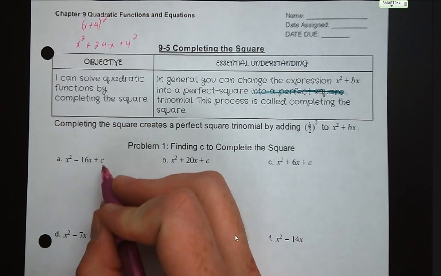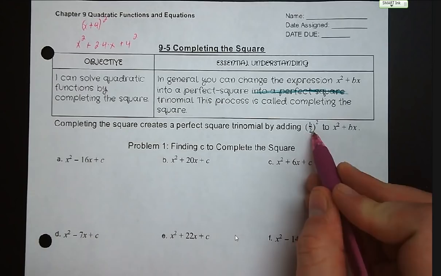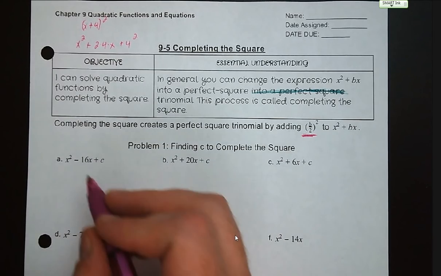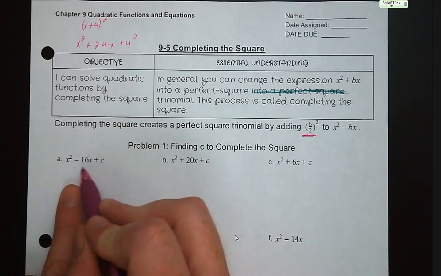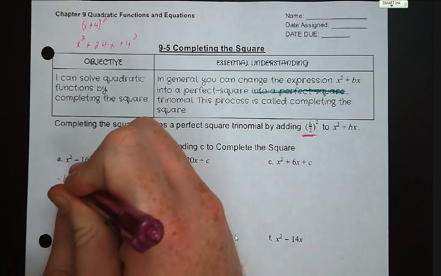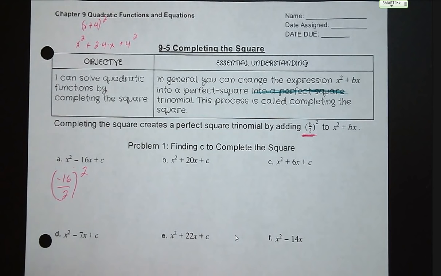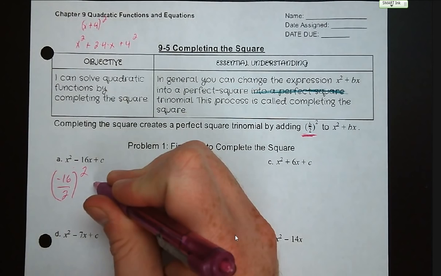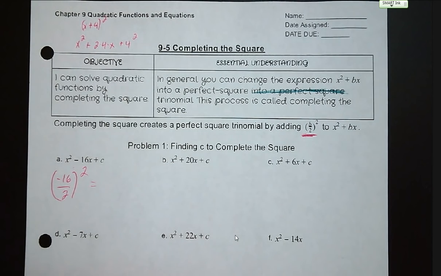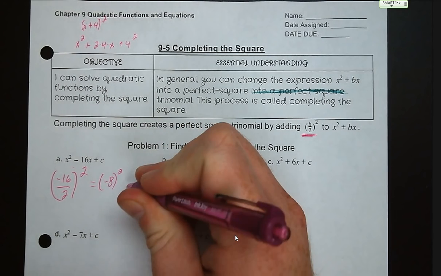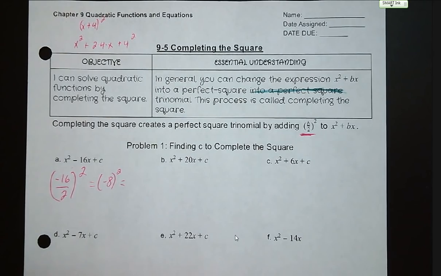We're going to follow this formula right here, b over 2, the quantity squared, and figure it out. So we have negative 16 over 2 squared. Negative 16 over 2 is negative 8. Negative 8 squared. And remember, this should be put in parentheses when we put it into our calculators.